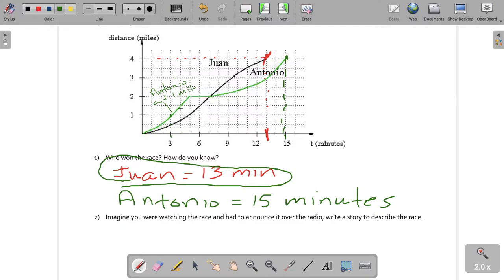So at the 2-mile mark, Antonio is still winning the race. Let's see what's going on here. After 1 mile, I'm sorry, not after 1 mile, after 3 minutes, after 3 minutes, Antonio is winning.